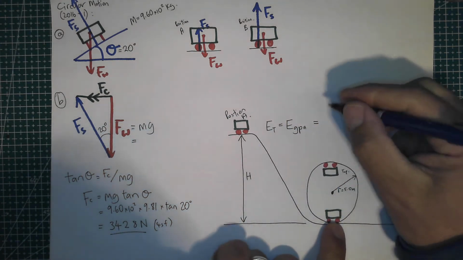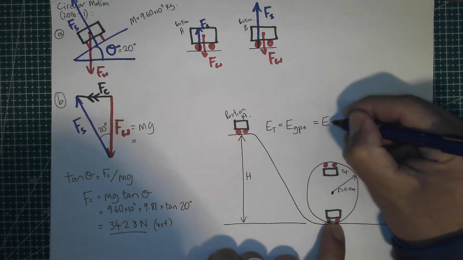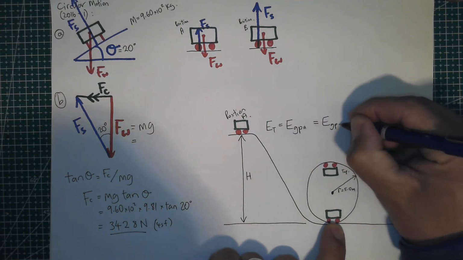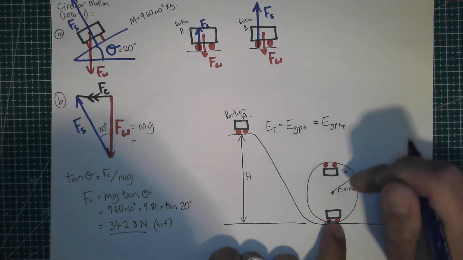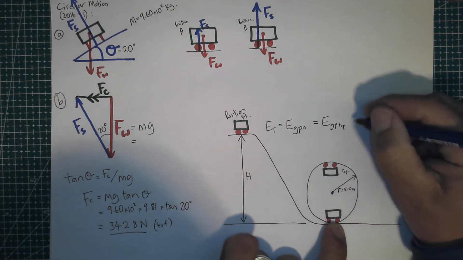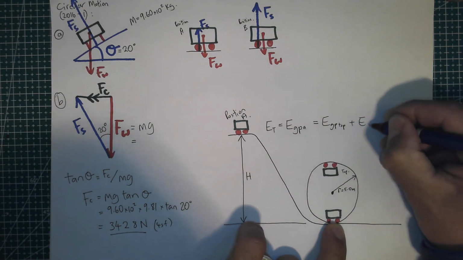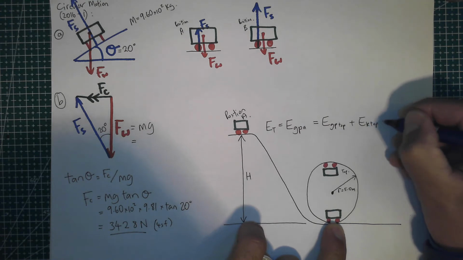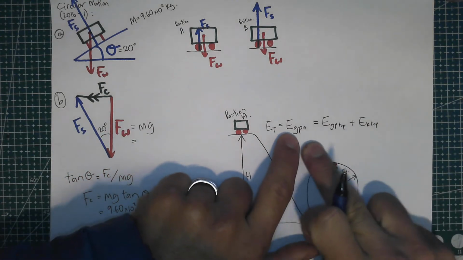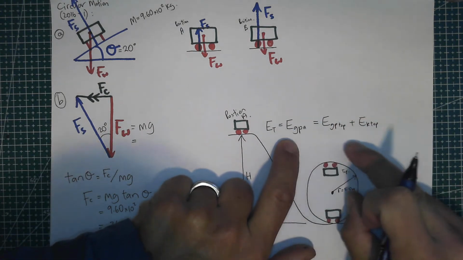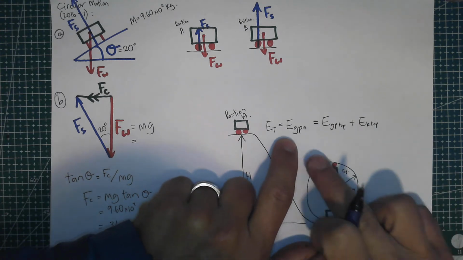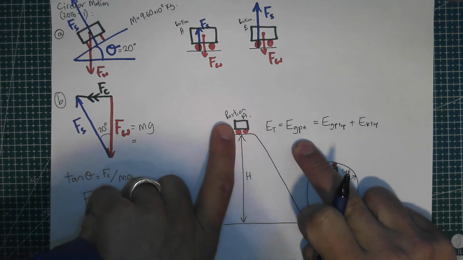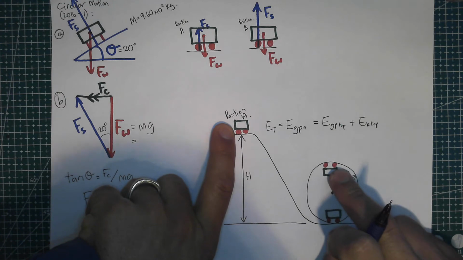So again, there is going to be gravitational potential energy, GP top, but the cart's also going to be moving, which means it must have kinetic energy, EK top. So this equation here is sort of the guts of what I need to work this out. The gravitational potential energy at the top here is going to be equal to the gravitational potential energy here plus the kinetic energy here.